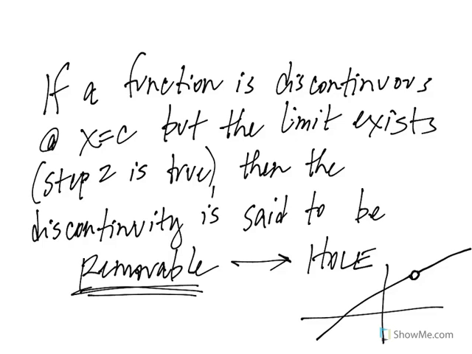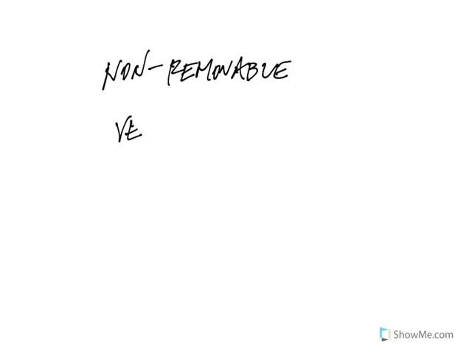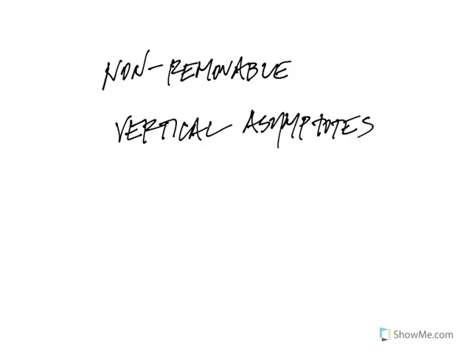That either means that there is a dot somewhere else or there is no dot at all. That is a removable discontinuity. Non-removable discontinuities would be vertical asymptotes or jumps in the graph.